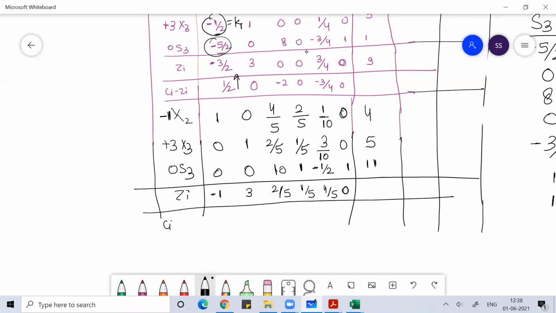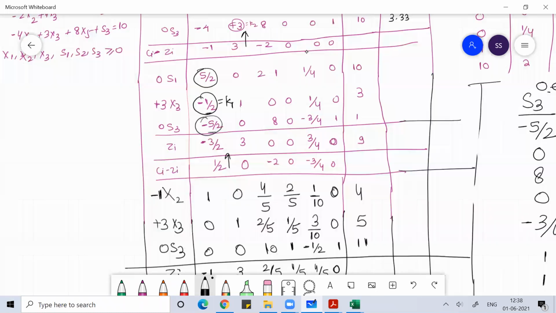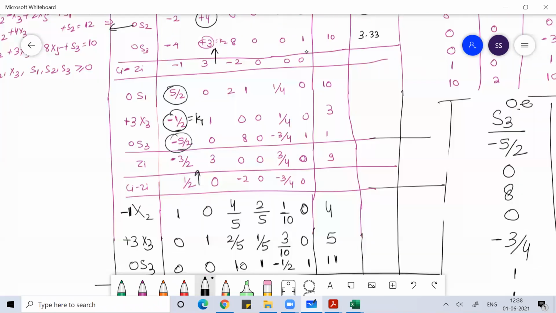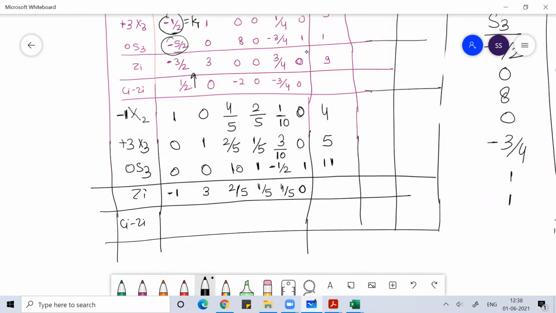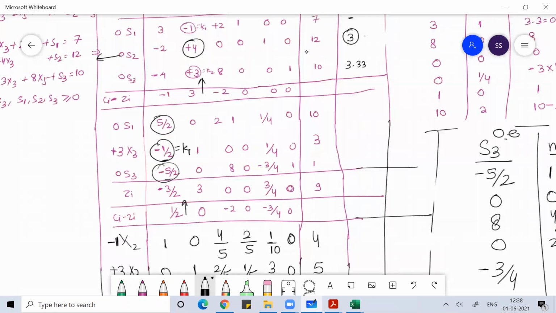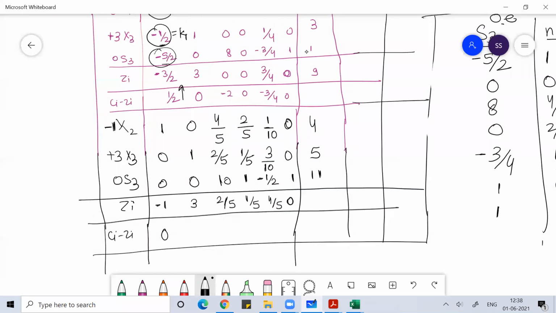Then you find Cj minus Zj. The first one was minus 1, so minus 1 minus minus 1 would be 0. Then the next one is plus 3, 3 minus 3, that would be 0.